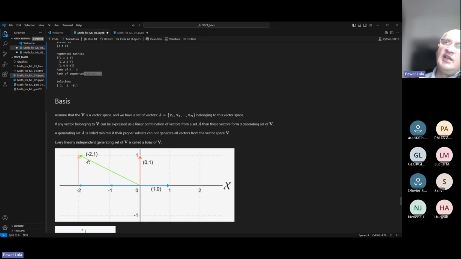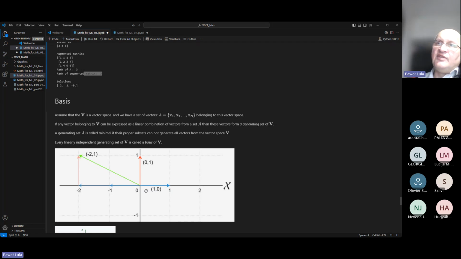And in this way, I can obtain this green vector. So always it is possible to find a sequence of operations which I should perform on these vectors which create the basis for this vector space, to build, to generate, to create any vector which may exist in the space.